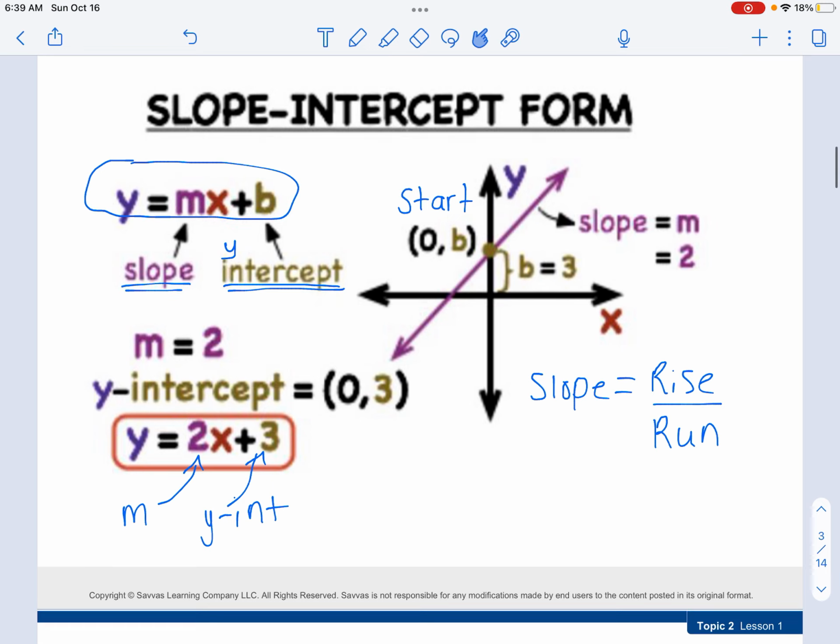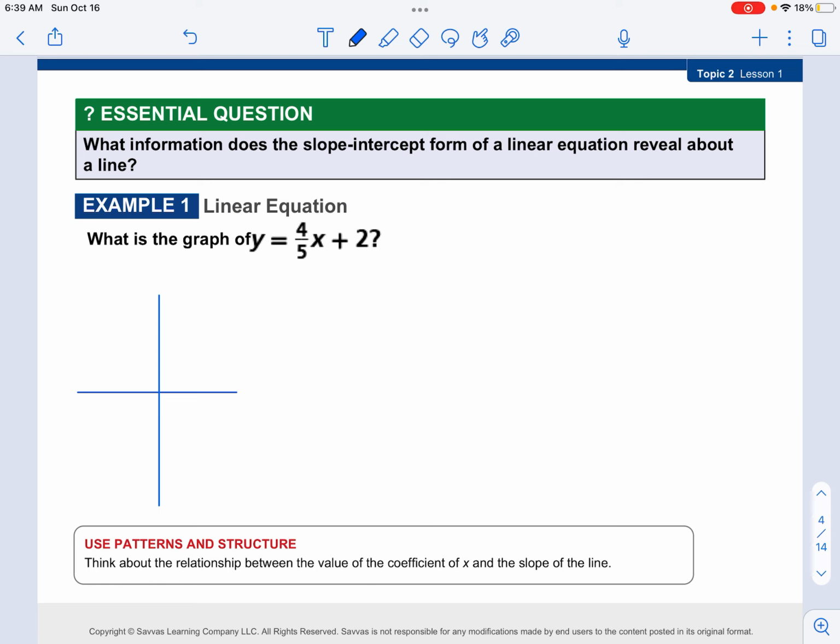In this problem, let me create my graph here. I'm going to identify my y-intercept and my slope first, and then I'll graph.